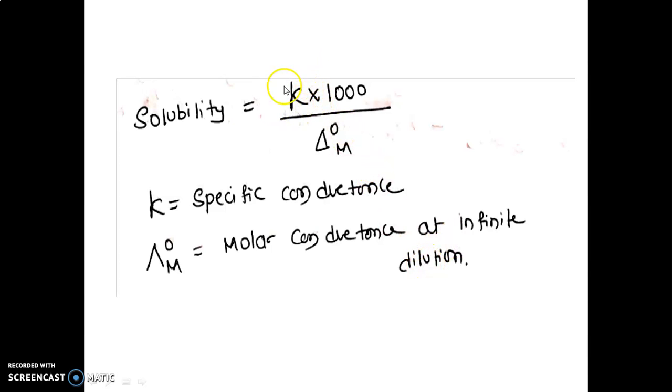If you know the value of K and molar conductance at infinite dilution, then we can calculate the solubility of a sparingly soluble salt by using this equation. Thank you.